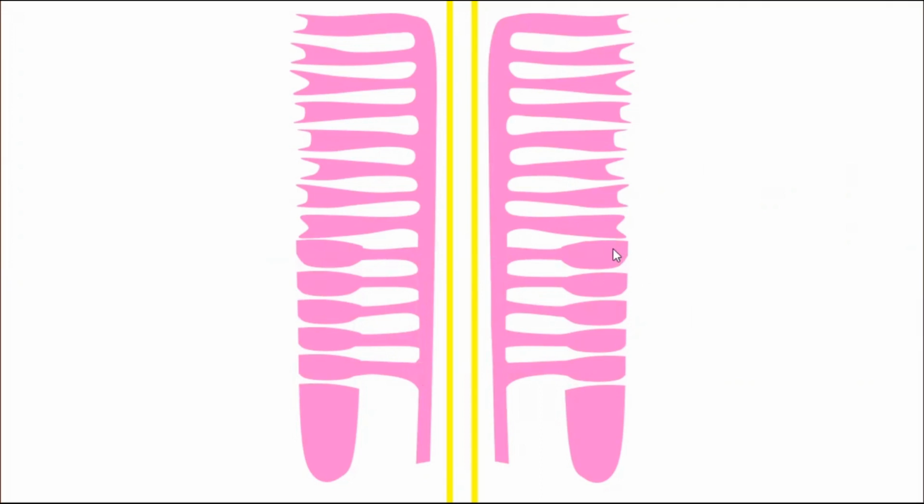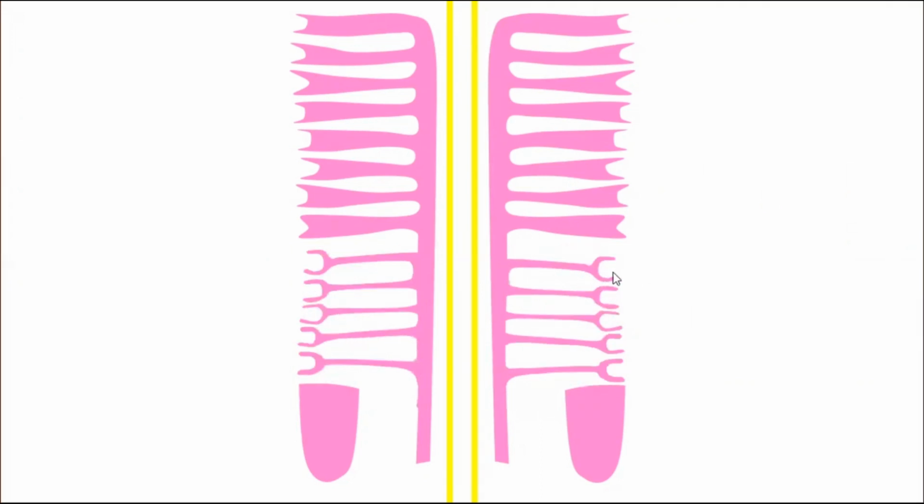But there is one difference. These tubules form structures like nephrons. They form Bowman's capsules, cup-like structures, and blood vessels from the aorta are growing to these nephron-like structures. So they are functioning like nephrons.